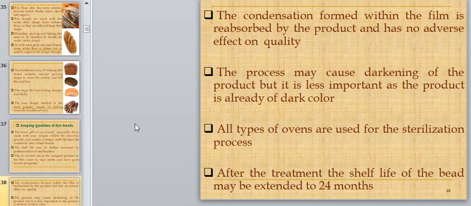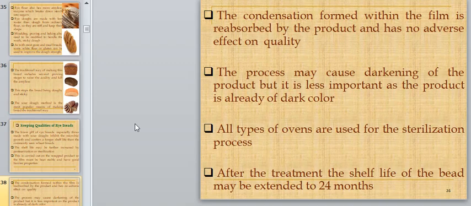Whenever we do these treatments, there are chances that condensation is formed inside the film. The condensation formed inside the film may be absorbed by the product, so it can damage the quality of the product. But it has no adverse effect on the quality of rye breads.